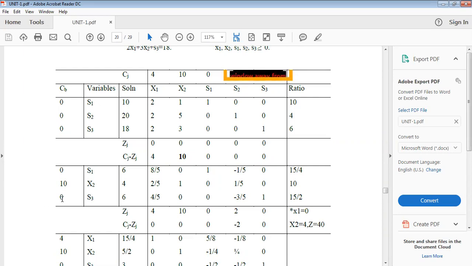Next, similarly, this is new R3. New R3 means with respect to old R3. This is old R3 in the first iteration. Old R3 minus 3 into new R2. Since it must become 0, minus 3 into new R2. Minus 3 plus 3, automatically it will become 0 here. So here you have to write down new R3 is equal to old R3.